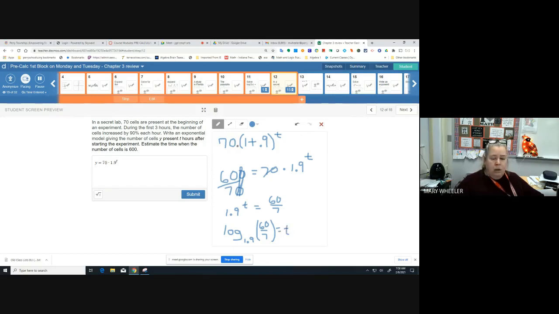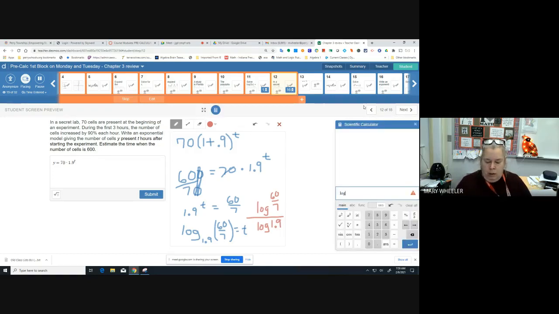This is a good one to use your change of base on. I'm going to change the color so you can see. So that would just be the log of 60 over 7 divided by the log of 1.9. I'm going to use my calculator on that.